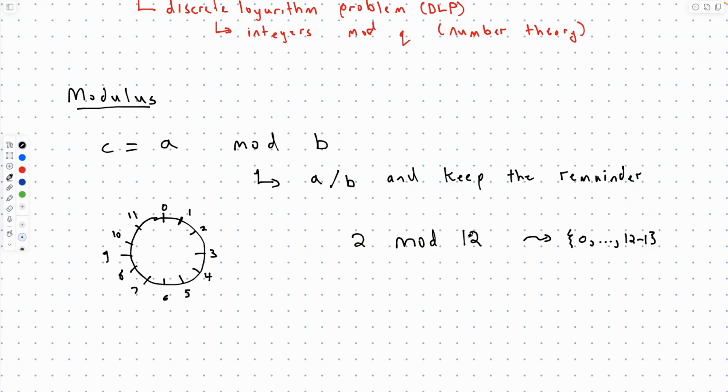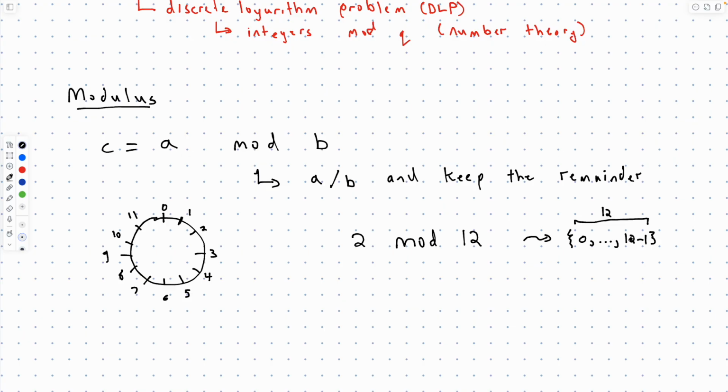So we go to 11. We'll have 11, but we won't have 12. Notice how many integers are these? 12, right? So we have 12 integers starting at 0, that's 0 to 11. So any number that's already in that range, if you mod it by 12, it's not going to change it.